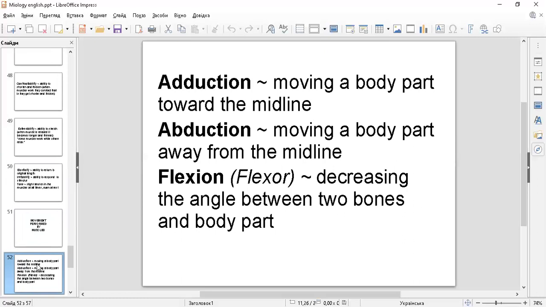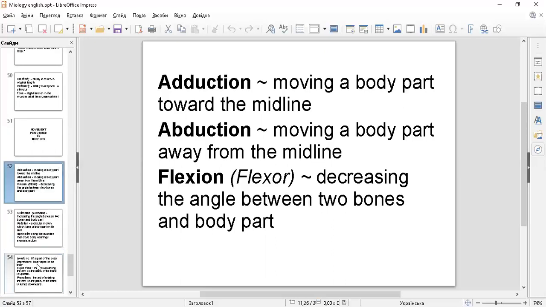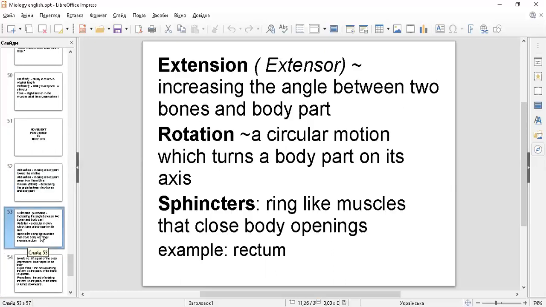Flexion: decreasing the angle between two bones or body parts. Extension: increasing the angle between two bones or body parts. Rotation: a circular motion which turns a body part on its axis.